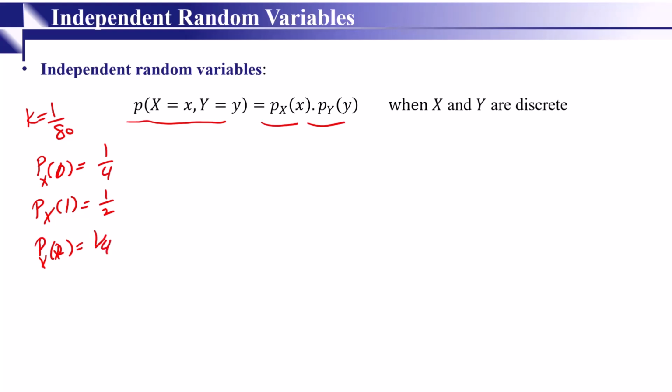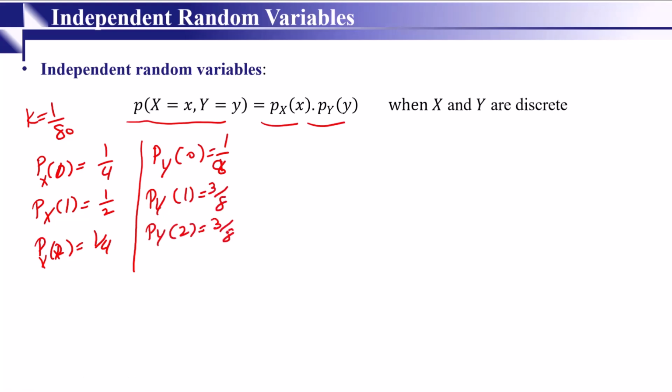And we found the marginal probability for Y: P(Y=0) is 1/8, P(Y=1) equals 3/8, P(Y=2) equals 3/8, and P(Y=3) equals 1/8, right? Now we need to find the joint probabilities.